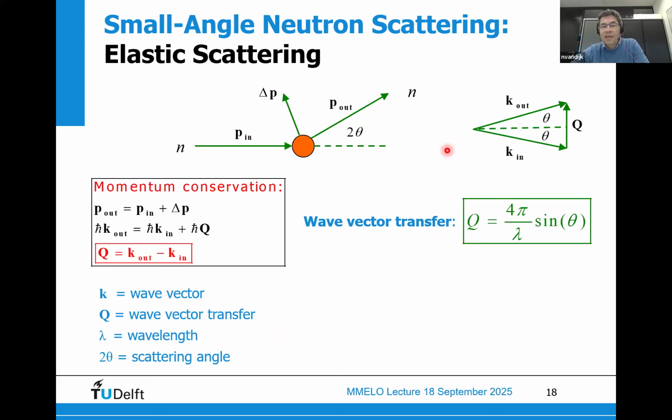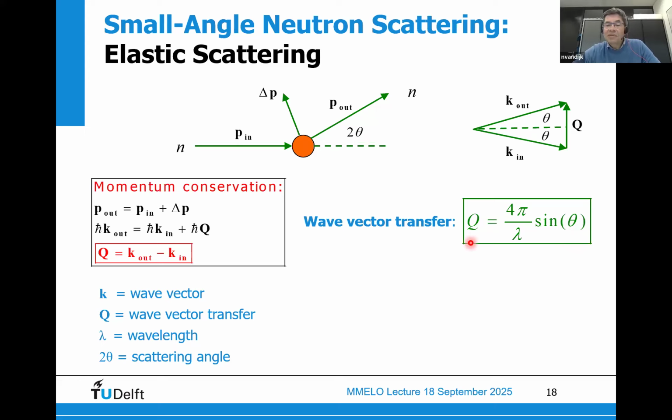Vectorially, you can also make what is called the scattering triangle, which is the same as what you have in, for instance, X-ray diffraction. By only looking at the top triangle, you can construct this relation for the wave vector transfer Q, the wavelength, and the scattering angle, or half the scattering angle, because the total scattering angle is 2 theta, the Bragg angle, as it is called in diffraction.